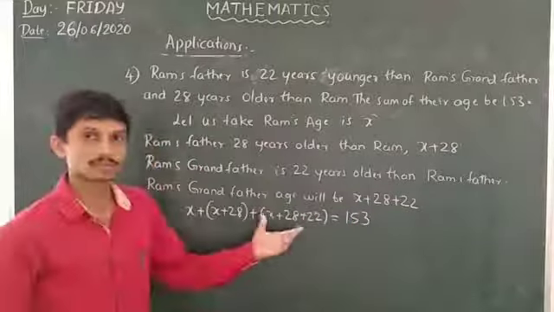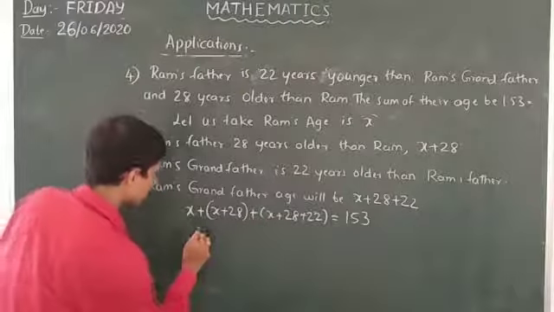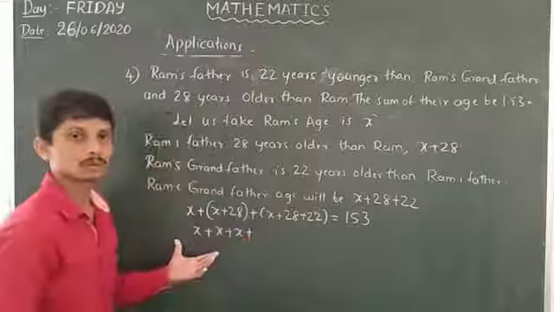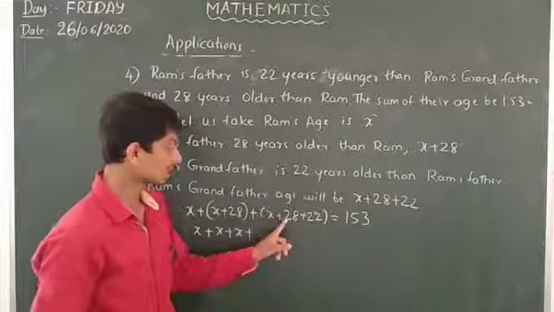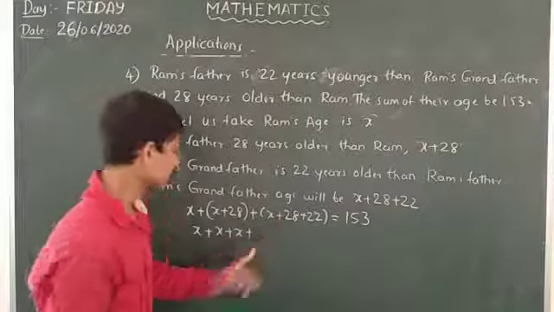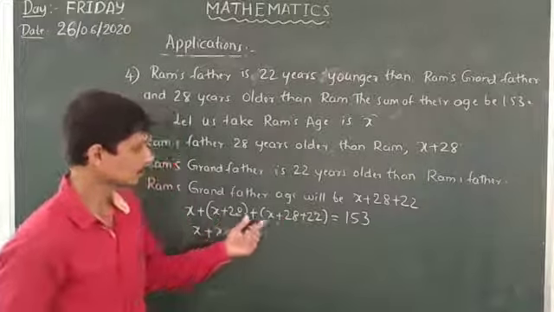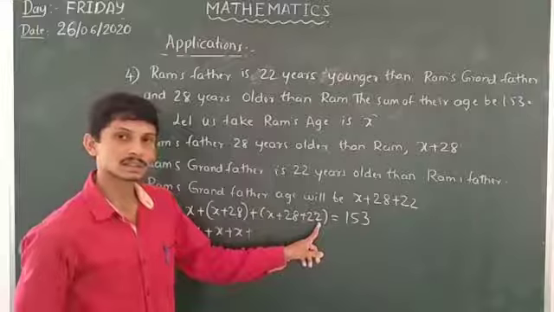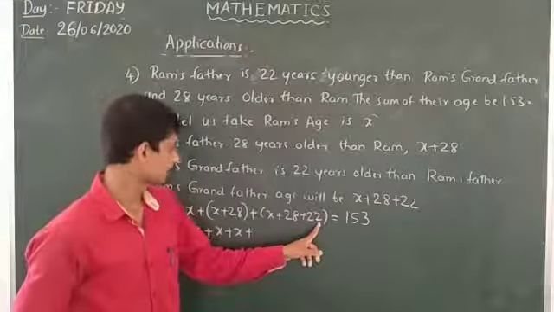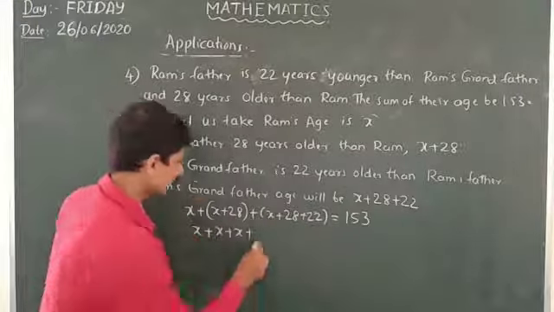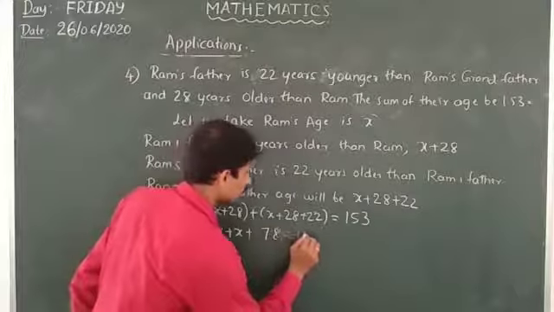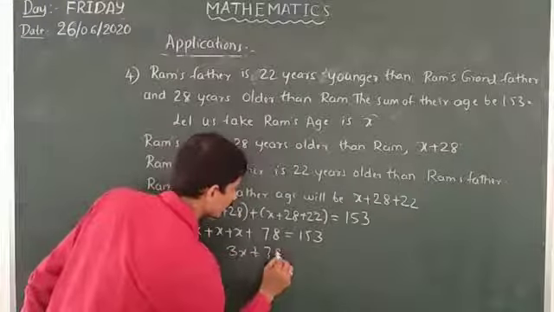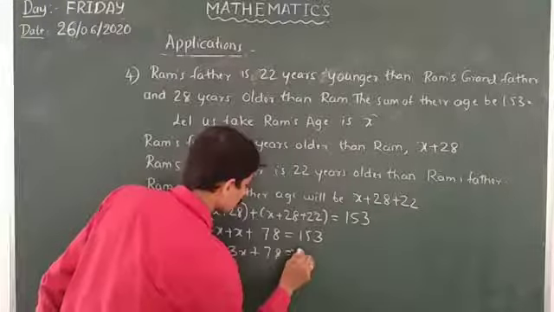Taking all the x terms to one side: 28 plus 28 plus 22 is 78, so 3x plus 78 is equal to 153.